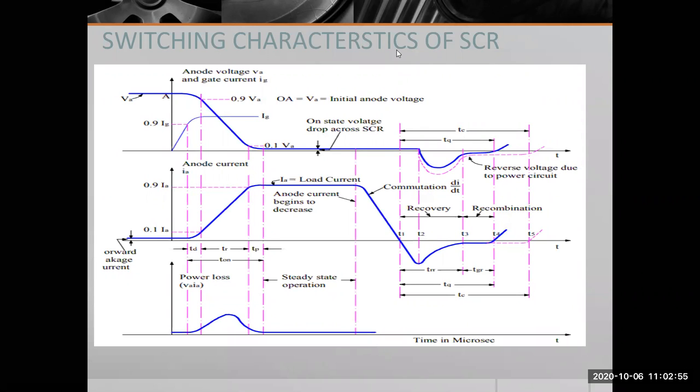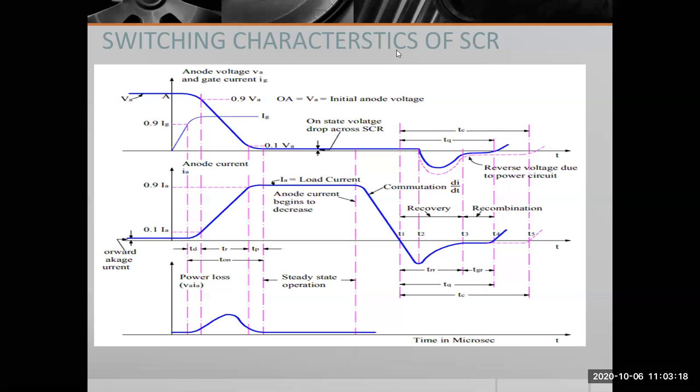But remember one thing, power diode reverse characteristics and SCR reverse characteristics have some difference. In a power diode, we have only TRR, the reverse recovery time. Whereas in an SCR, we have an additional time, that is recombination time, or gate recovery time.